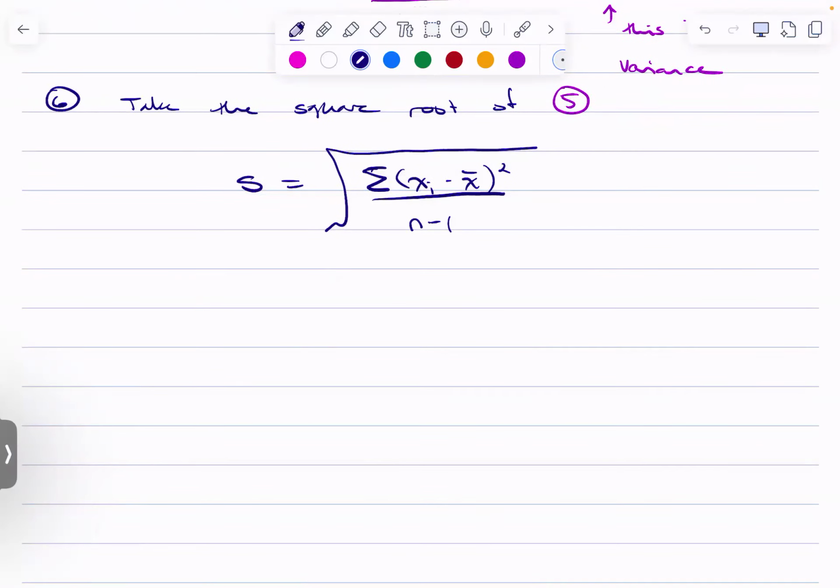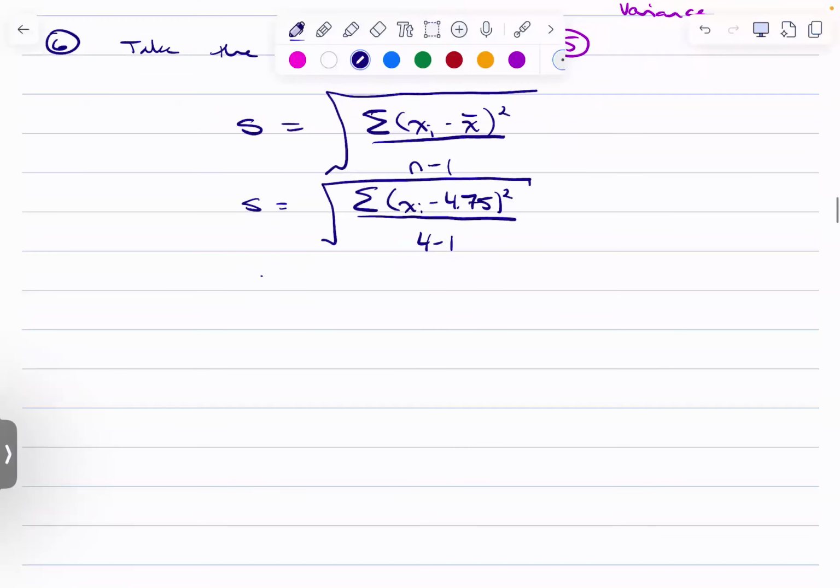Plugging values in, nice and slow. We can morph this. We've already done the work, but it's the sum of your xi's minus 4.75 squared divided by 4 minus 1.